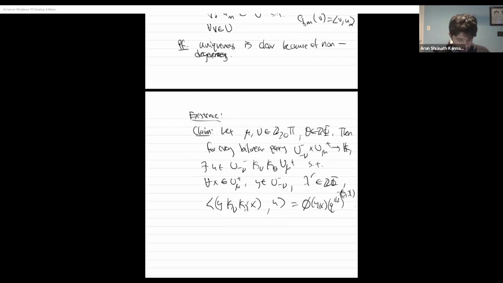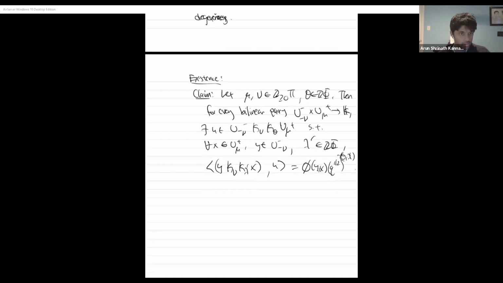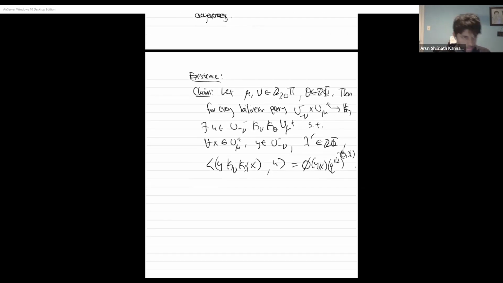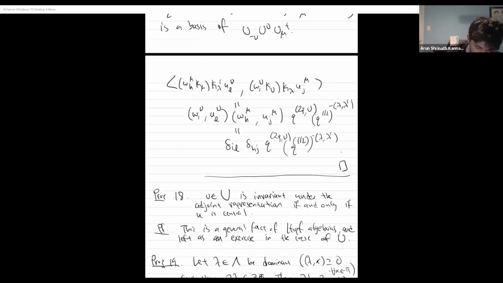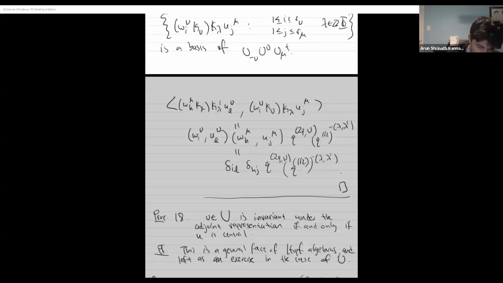So let's not worry too much about the details here. The point is that you can just take u equal to the following element. I'm going to use the notation of this earlier proposition, proposition 17.